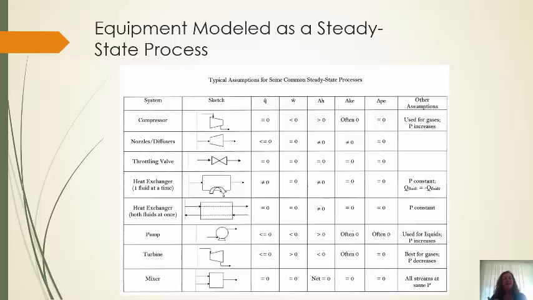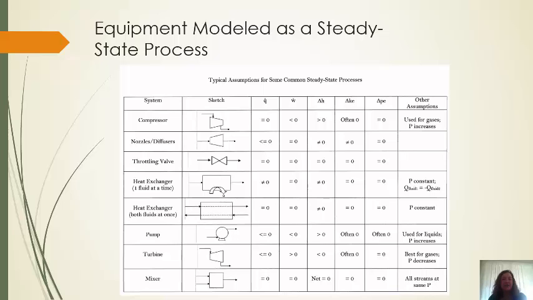Kinetic energy, usually the entire purpose of putting this in there is that kinetic energy is intended to change, either to slow down a process in a diffuser or to speed up the fluid in a nozzle. But the potential energy change will be 0. And if everything else is 0 except for the kinetic energy change, then the enthalpy change must also be non-zero to compensate for that change in kinetic energy.